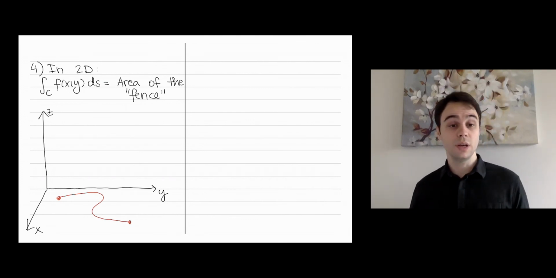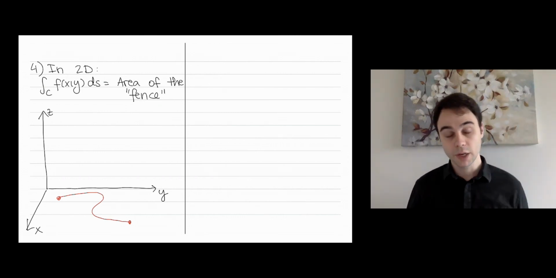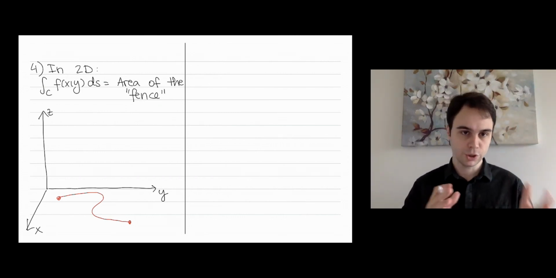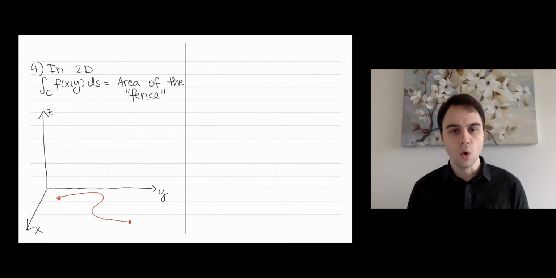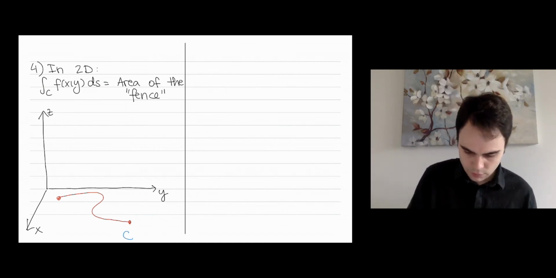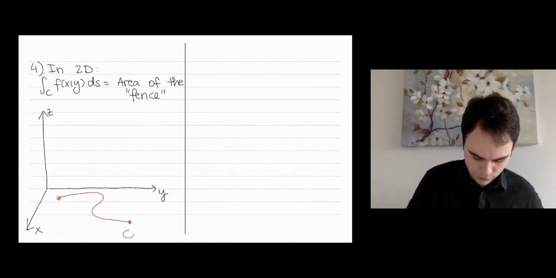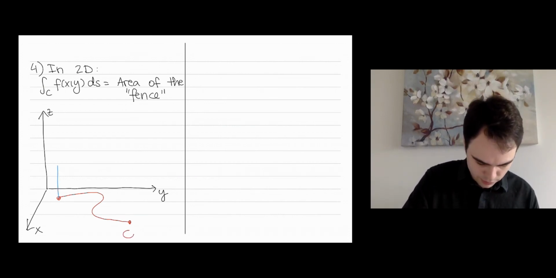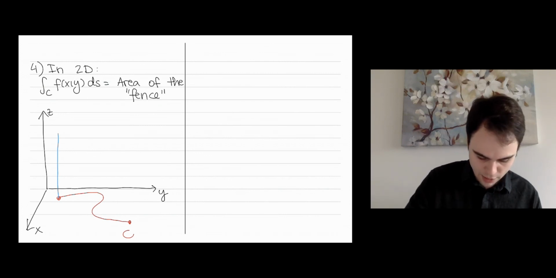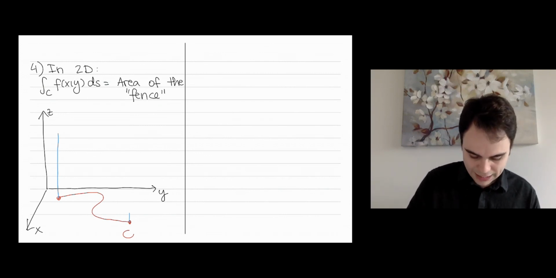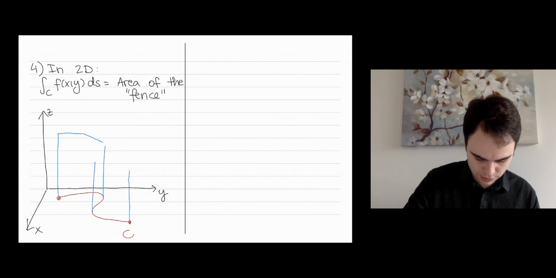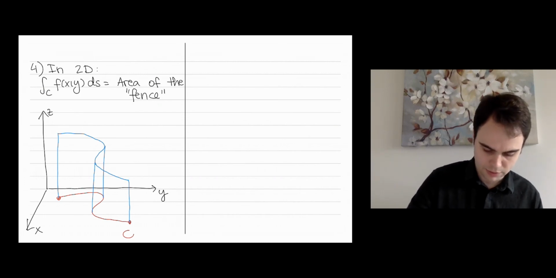Now I introduce a new variable z because I want to look at the graph of the function f of x, y, but only over the curve C. For each point on this curve, the height is going to be the value of f at that point. So if we look at the values of this function only over points in the curve, we're going to get something that looks like this.